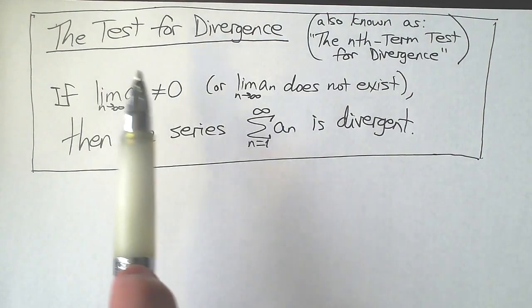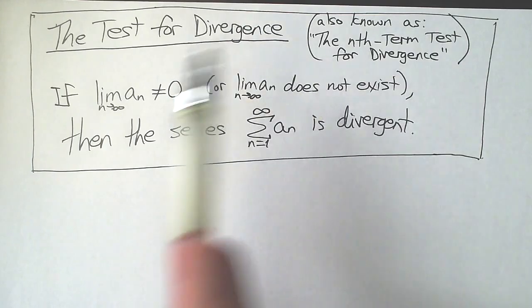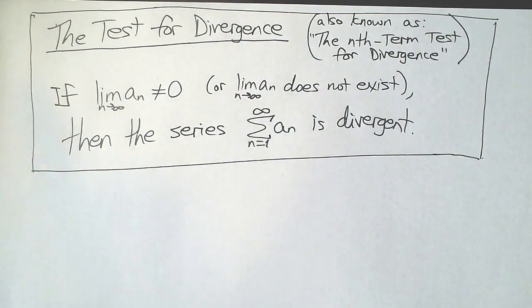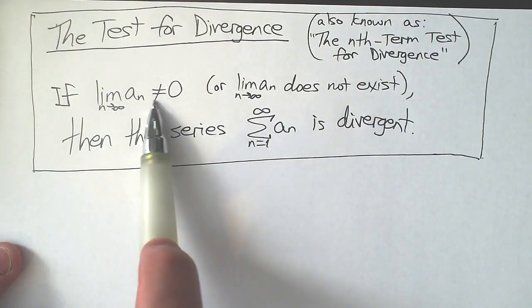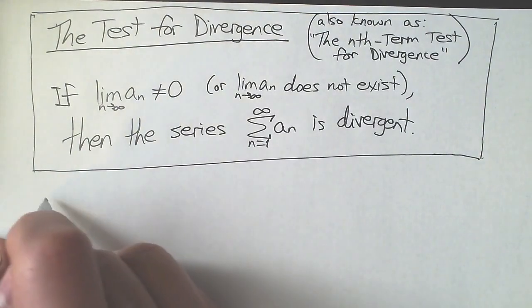And this is a test. There are going to be other kinds of tests we need also, for taking a series and having some kind of rule for testing whether it converges or diverges. So far, we now have two rules: the rule for geometric series, and this rule that we could use for any series. If this happens, then we know the series diverges. I'll show you an example.